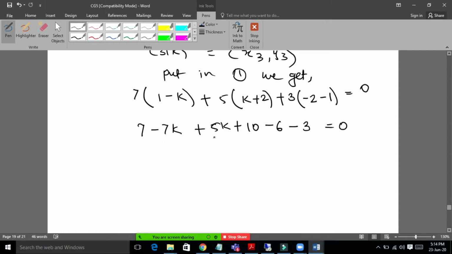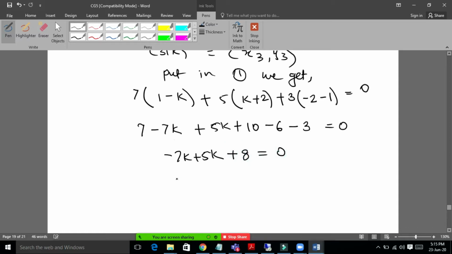Now we have to find the value of k. So -7k plus 5k plus 7 plus 10 is 17, minus 9, so 17 minus 9 becomes plus 8. So we write down here -7k plus 5k plus 8 is equal to 0.